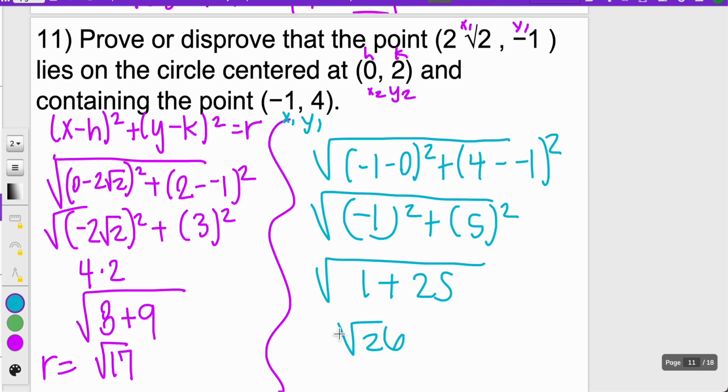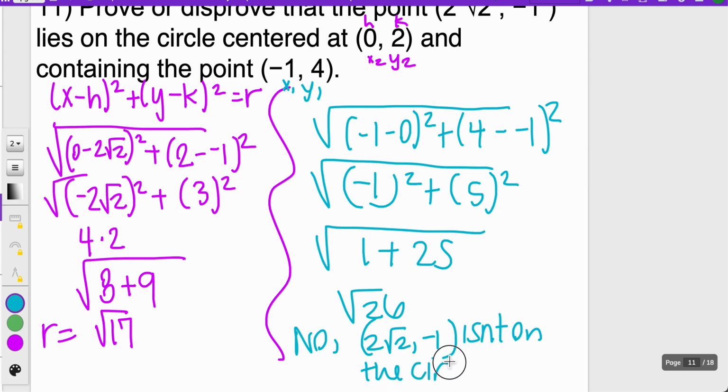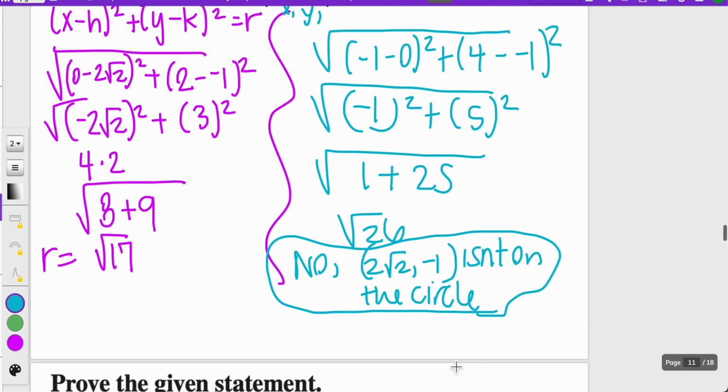So if you're looking at both of these, they do not match. So we would have to say, no, (2 square root 2, negative 1) isn't on the circle. Okay? If their radiuses did match, then we would say yes, because they would have the same distance from that center point. Okay?